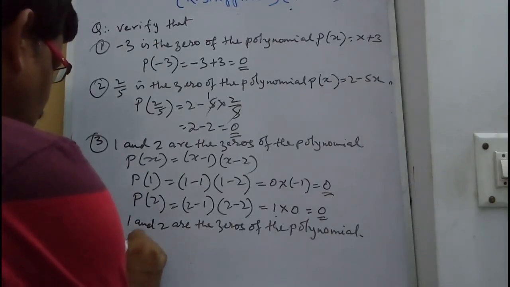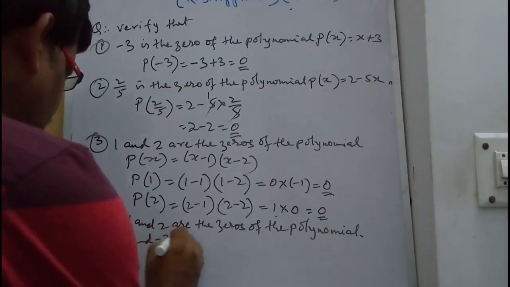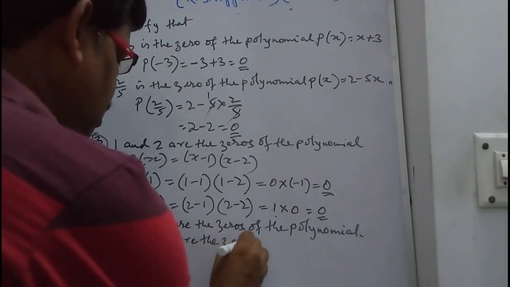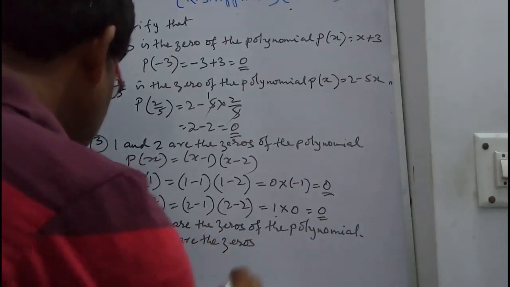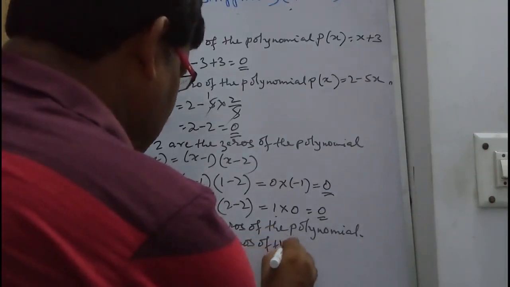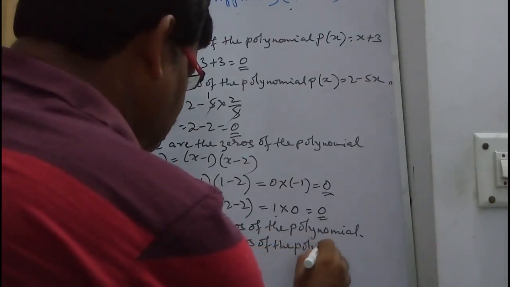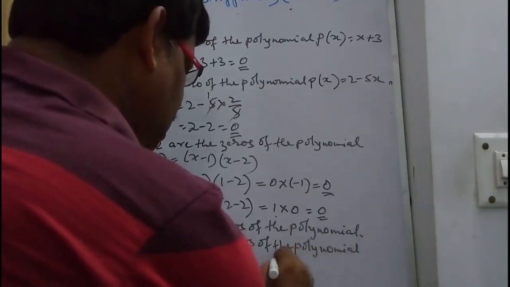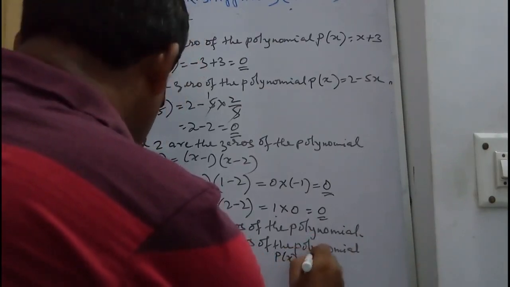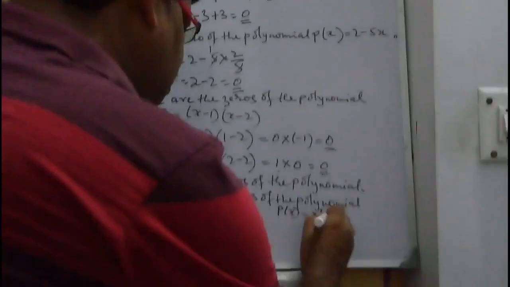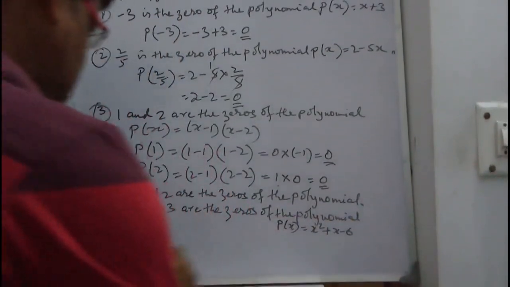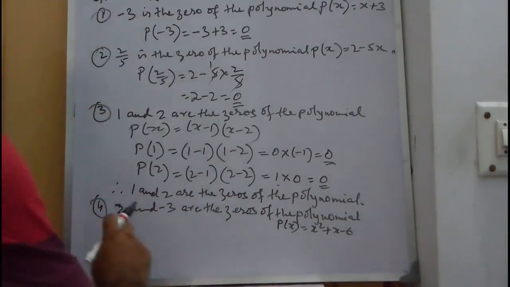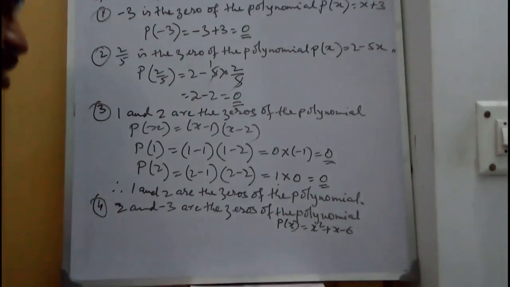2 and minus 3 are the zeros of the polynomial px equal to x square plus x minus 6. So 2 and minus 3, I have to check, verify whether they are zeros of the polynomial or not.